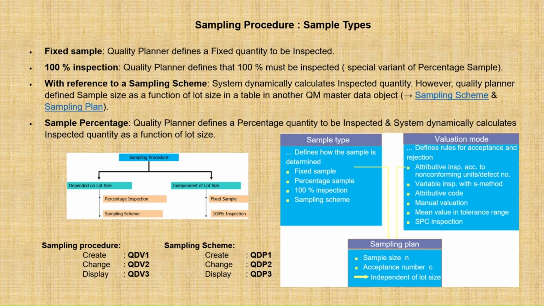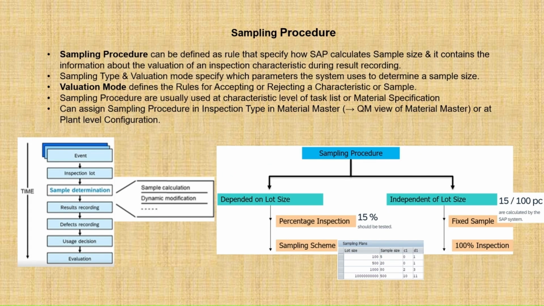Then it doesn't make much difference. The lot size is 10,000, still I will be inspecting only 10 pieces out of it. So that is a fixed sample. I have decided my fixed quantity to be inspected, so it is independent of the lot size.